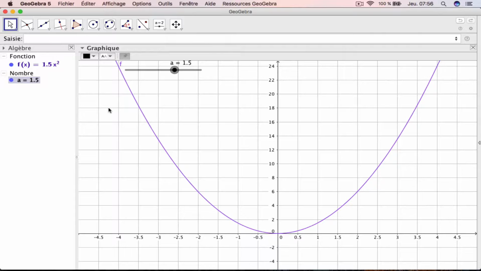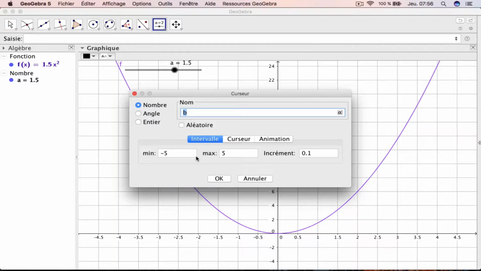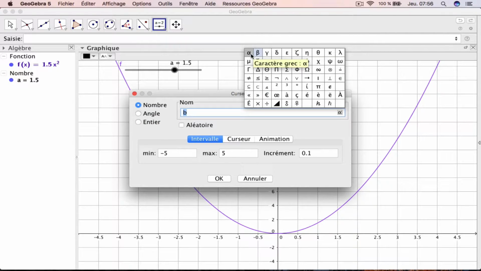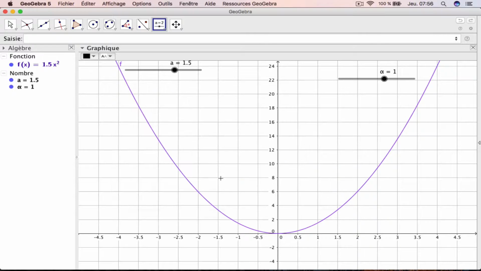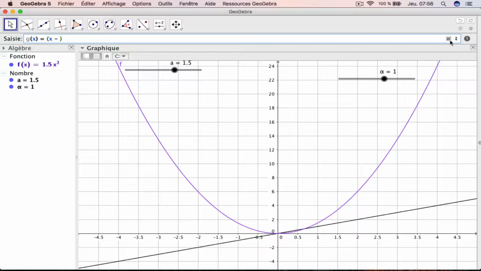So, for example, if we have a function, let's use the Greek letter alpha. And let's have a look on this kind of function. g of x equals x minus alpha to the square.